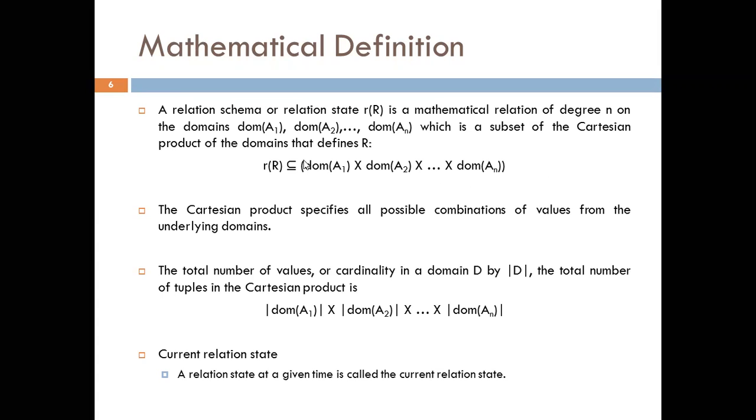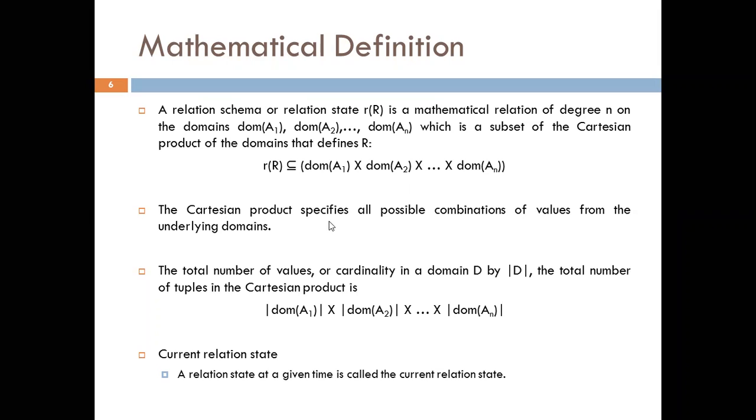Instead of writing a value, all possible values can be represented, for example, for attribute A1 using domain of A1. Domain of A1 represents all possible values that we can specify for A1, and similarly A2, A3 till An. The Cartesian product of these indicates all possible values that a relational state can have.